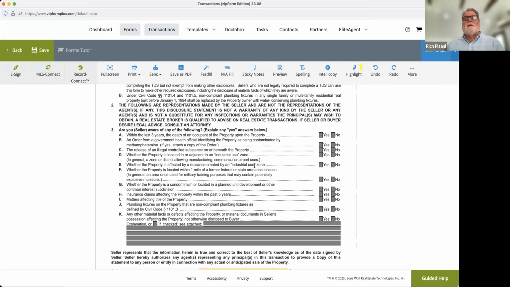You don't have to go into details, but I would say they took their own life in the house. They may want to know what room it was in.